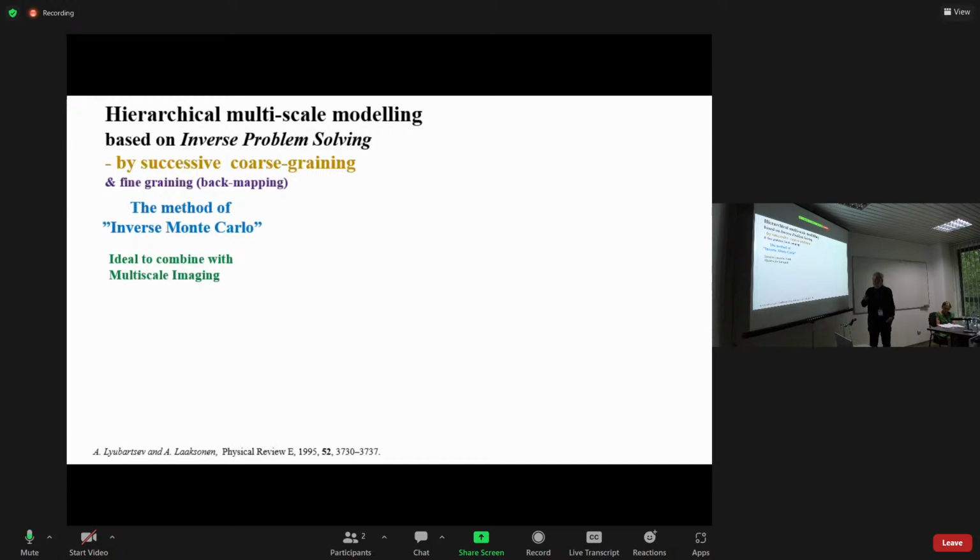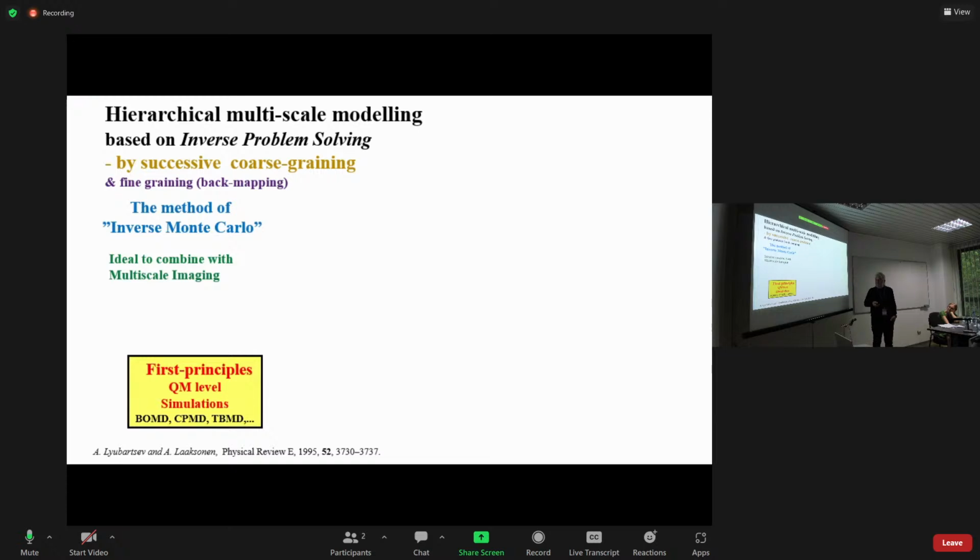So the entire method is called the method of inverse Monte Carlo. It actually combines very well with something called multi-scale imaging, because you can do imaging also at different length scales and so on. So they combine very well together.